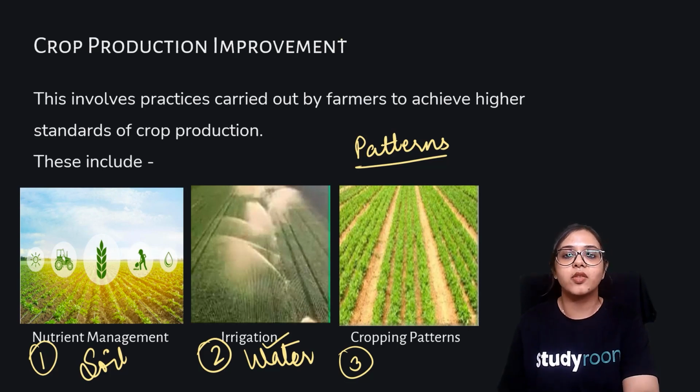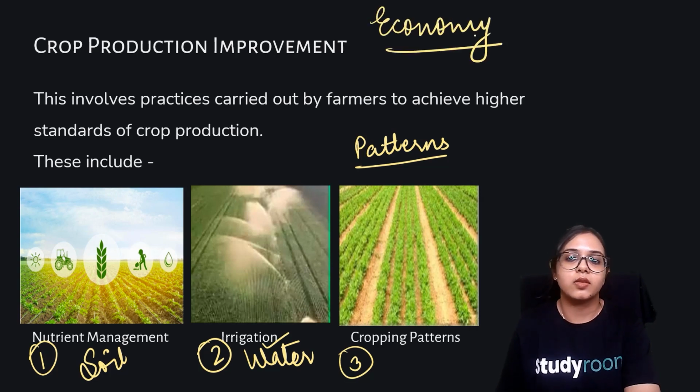But you have to remember that, apart from these three determinants, there is one more determinant that is external, a human determinant, and that is the economy. All kinds of farmers don't have the same means of livelihood.